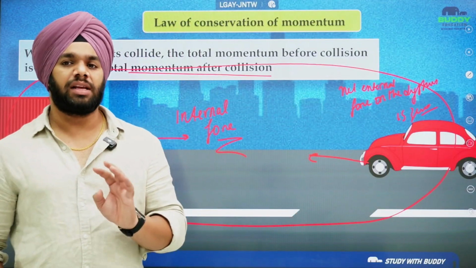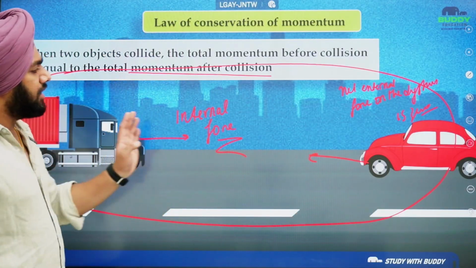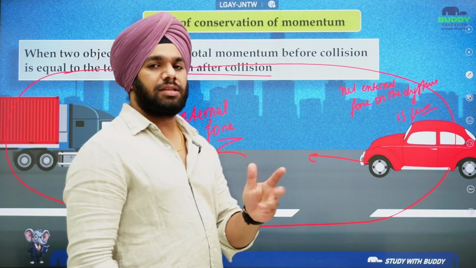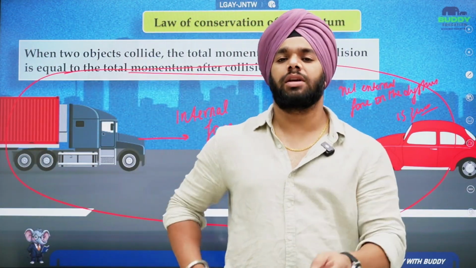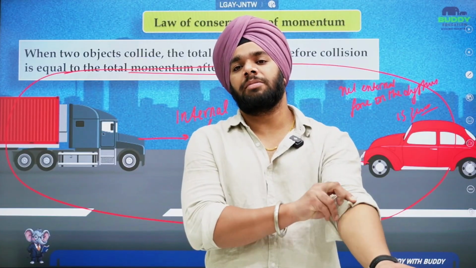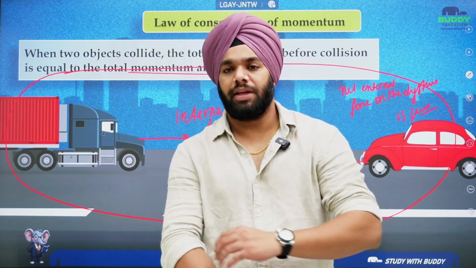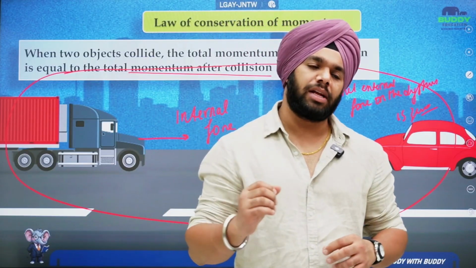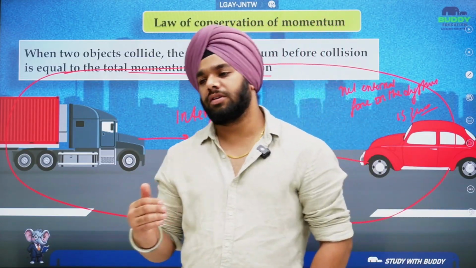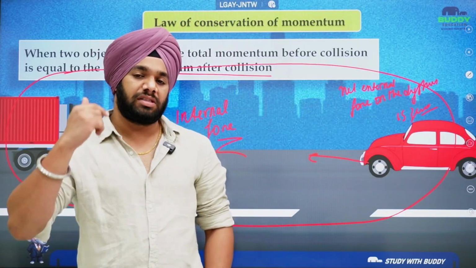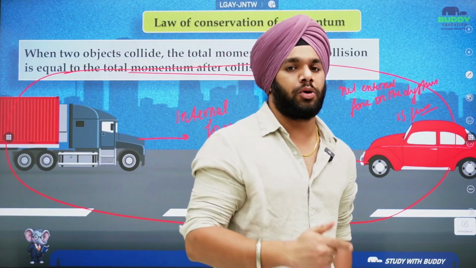We are only saying that the car is exerting force on the truck and the truck is exerting force on the car, and then we just apply the law of conservation of momentum, and nobody talks about why the law of conservation of momentum is applicable. So it was very important for me to tell you that the law of conservation of momentum is only applicable when the net external force is 0. This is very, very important.